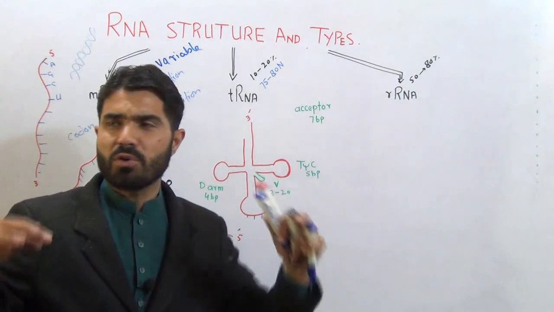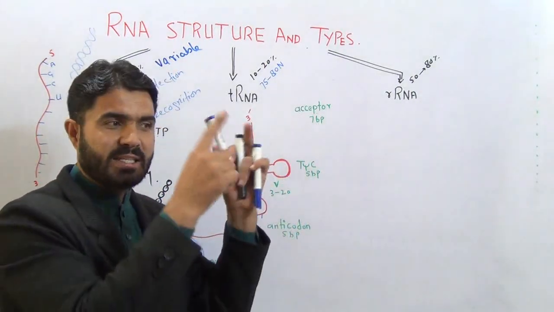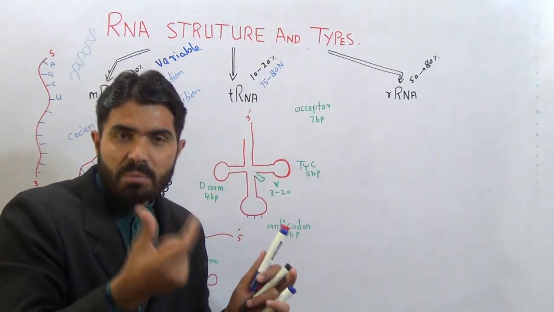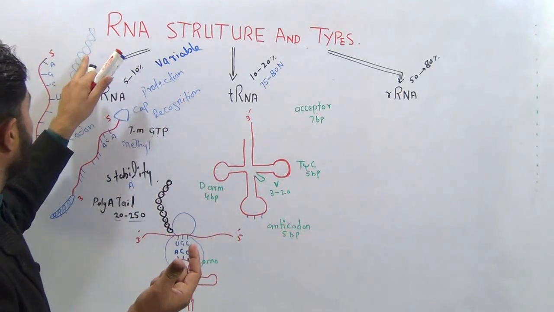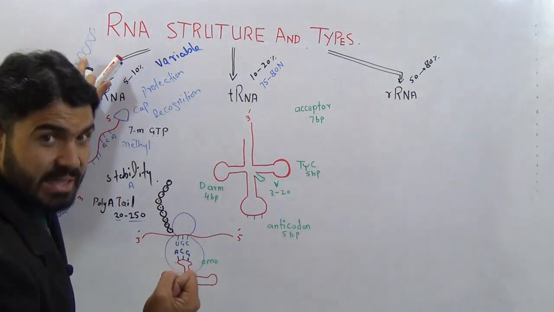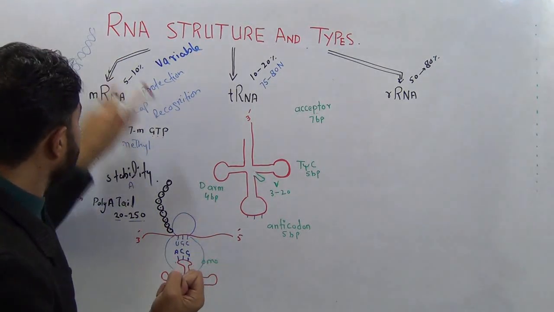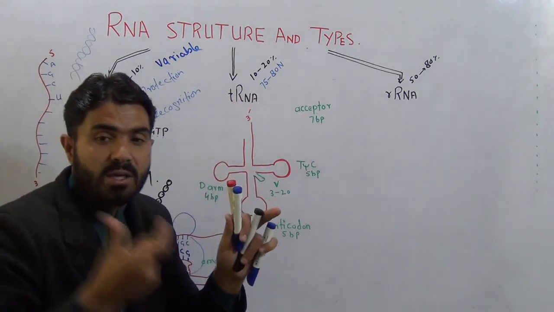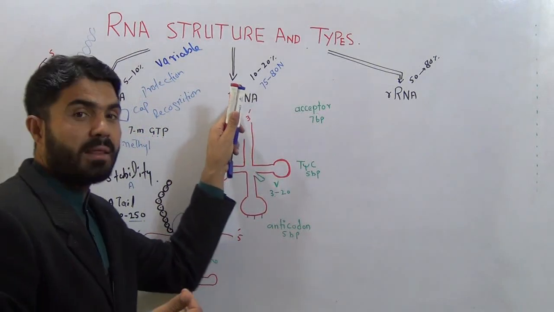All of the information for this one single room is included in a single page. So that information will be derived from the DNA, and the amino acids will be brought by the transfer RNA.